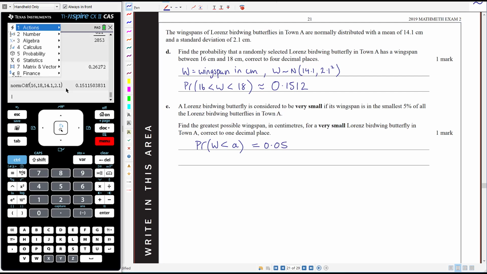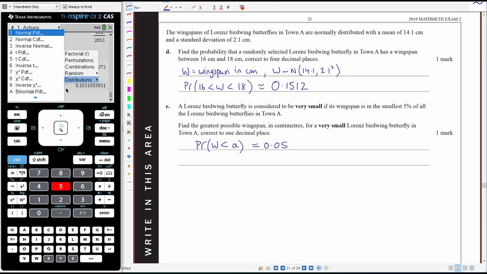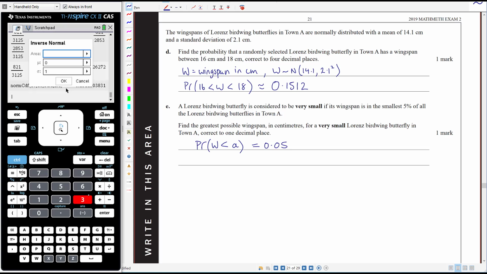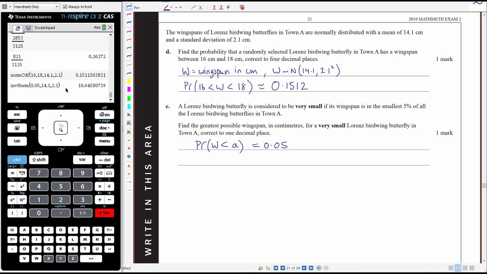So we're going to use inverse normal, so menu 553. The area is 0.05, the mean is 14.1, and the standard deviation is 2.1. Okay, and so that tells us that A is approximately 10.6, to 1 decimal place.